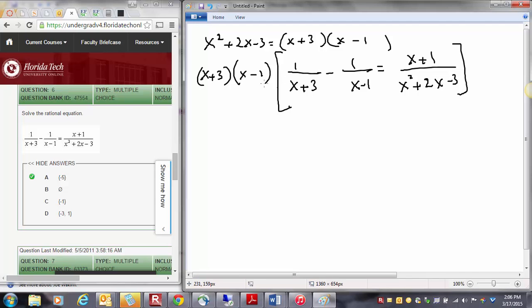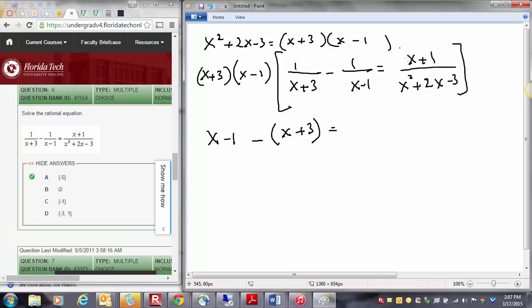Multiplying by the first, the x plus 3 will cancel. X minus 1 times 1 is x minus 1, minus. Multiplying by the second, the x minus 1 will cancel, but we have a negative sign. So negative times x plus 3. Let me just leave it as negative times x plus 3.